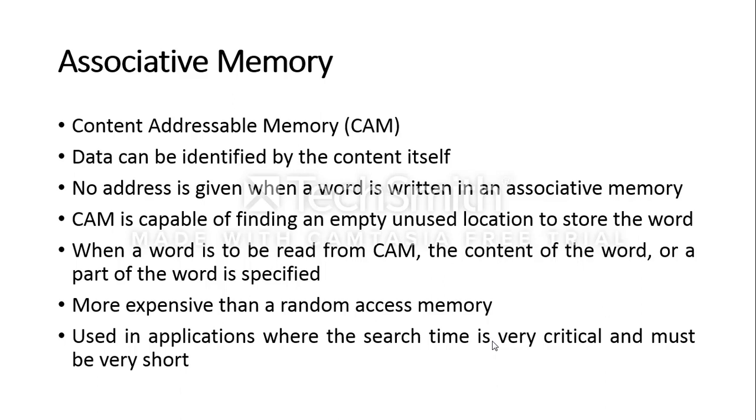Data can be extracted from the content itself. So here no address is required to be given at the time of storing some new data in the memory. Similarly, you don't need to specify an address when you want to read something from the associative memory.